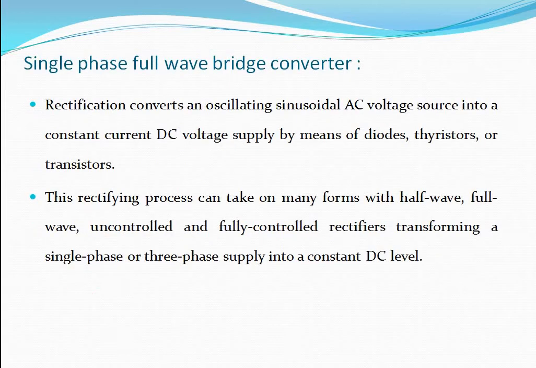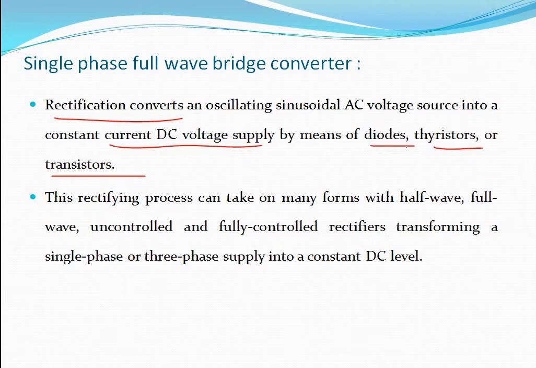Let us see the single phase full wave bridge converter. Generally, rectification converts an oscillating sinusoidal AC voltage source into a constant DC voltage supply by means of diodes, thyristors or transistors. So we can use any of these to convert AC to DC voltage.